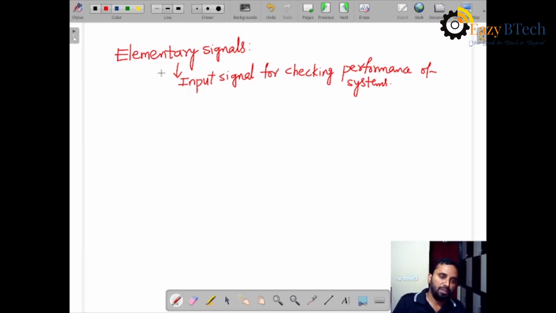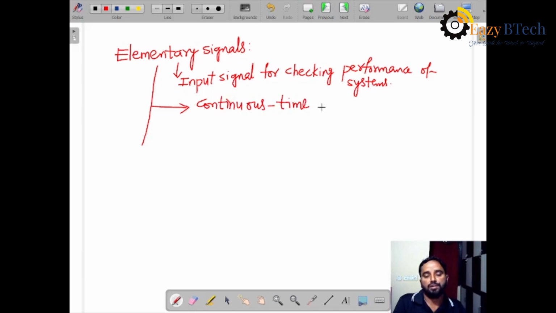We have continuous time elementary signals and, second, discrete time elementary signals.